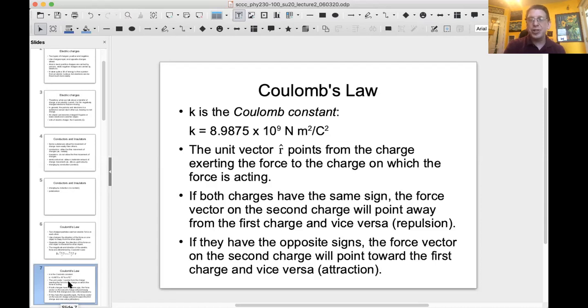The unit vector is the vector r with the arrow on top of it divided by its magnitude, so that the magnitude of the unit vector is simply 1. So if both charges have the same sign, the force vector will point away from the first charge and vice versa. So that's repulsion. If they have opposite signs, the force vector in the second charge will point towards the first charge and vice versa, which is attraction.